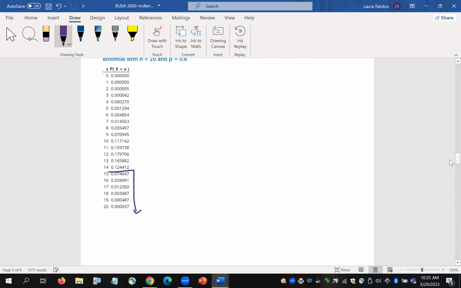Okay, when I get all those added together, I get 0.125599.